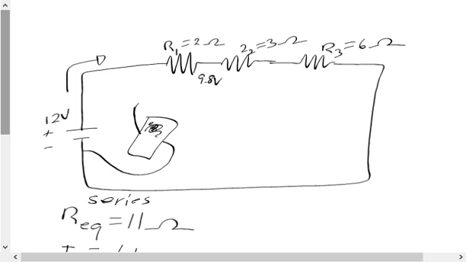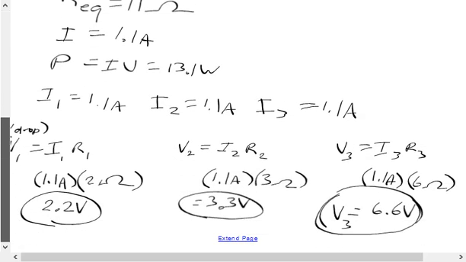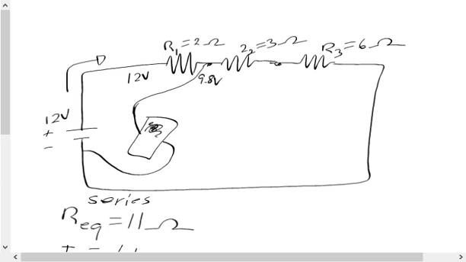Let me get rid of the 2.2. So if I were to put in a lead here, the voltmeter would be reading 9.8 volts. So the voltage here is 12 volts. The voltage here at this point is 9.8 volts. Well, what about the voltage here? It went from 9.8 and dropped 3.3 volts. So 9.8 minus 3.3 would give me 6.5 volts, which is what I would be reading here.